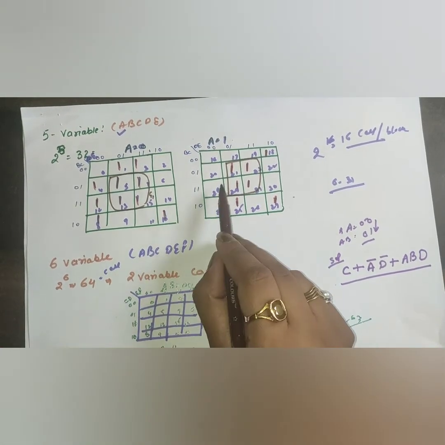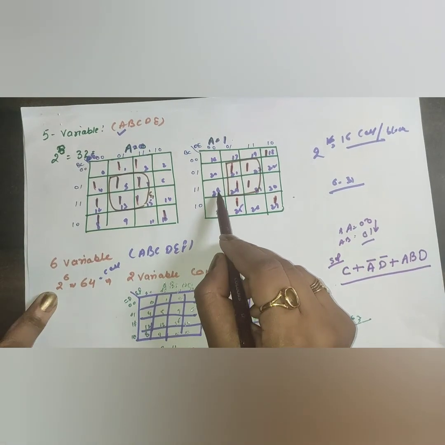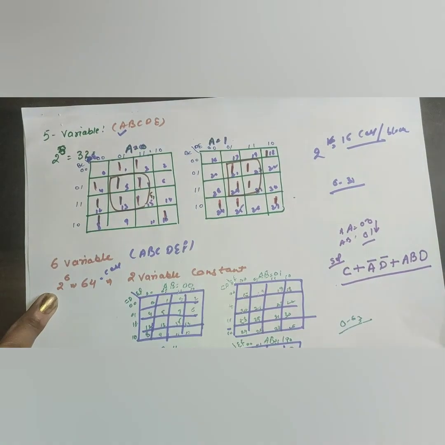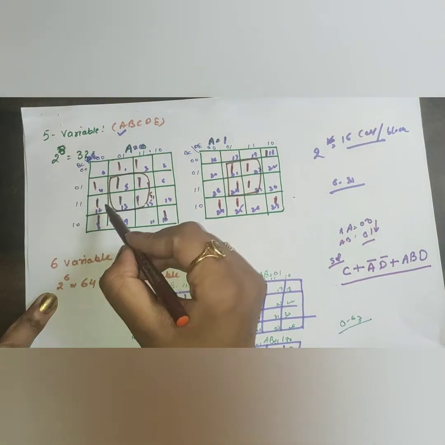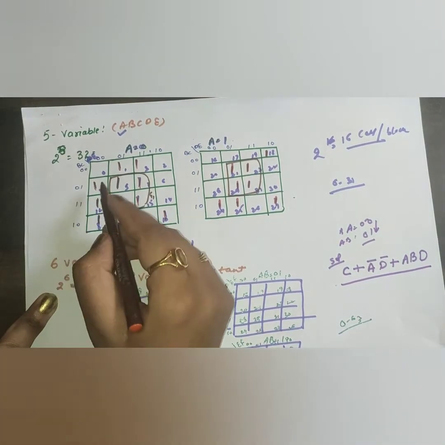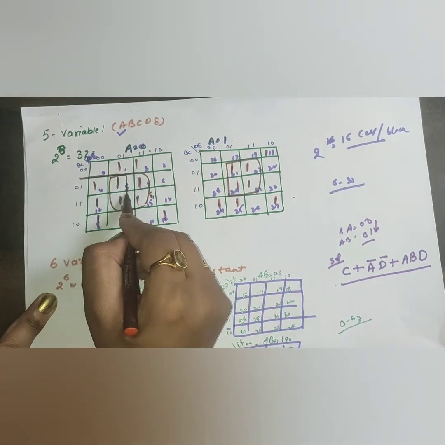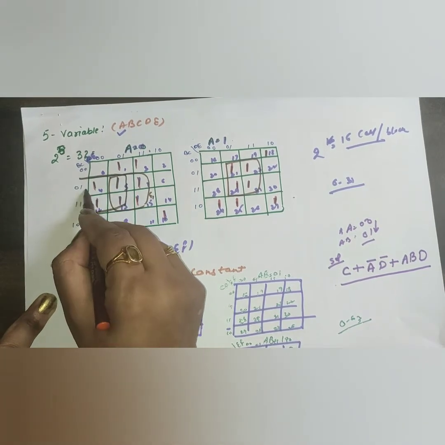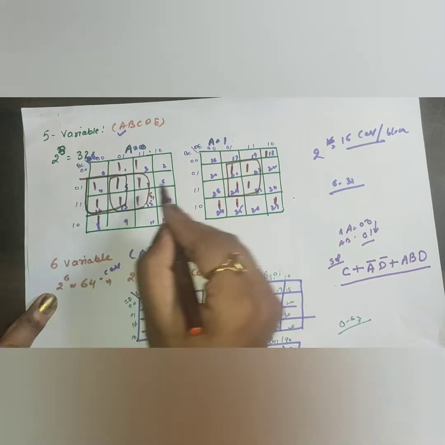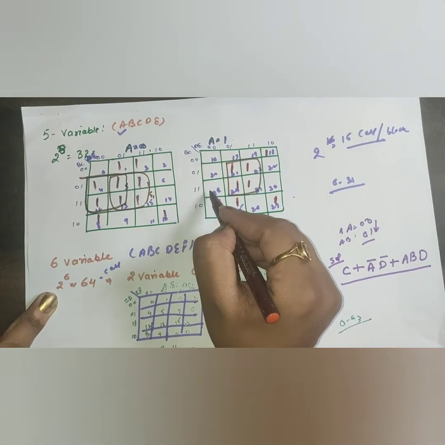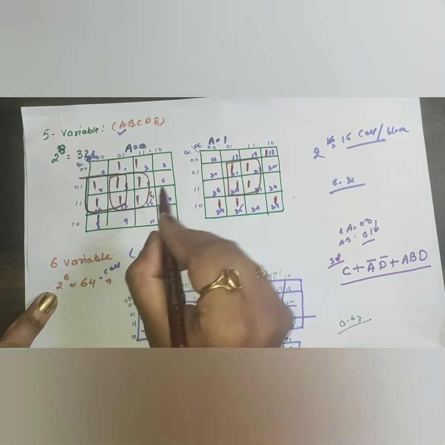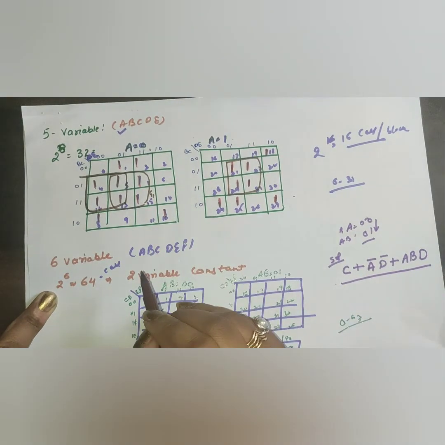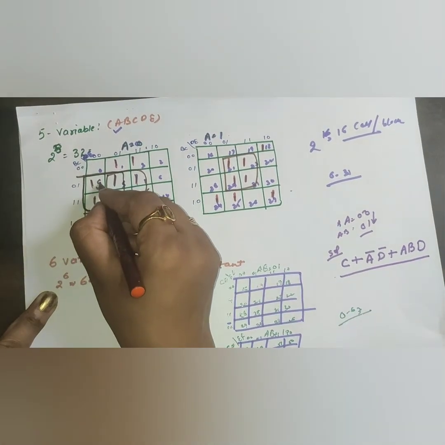So you can make a group of 8. Now you will take another grouping like this, only this, because it doesn't contain ones here. If there is 1, you can make the 8 grouping also. Okay, this is grouping 2.